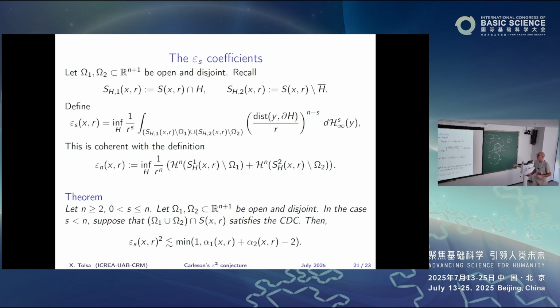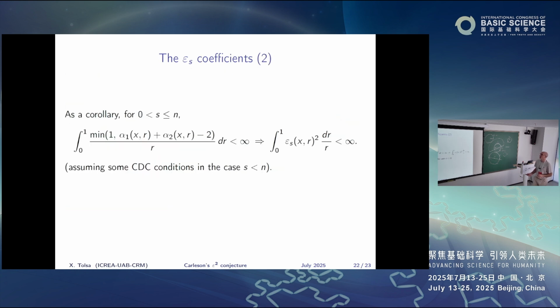And using this result, we get that if this is finite, then this is finite. In particular, if this is finite, this is also finite in the case s equal n. But remember that we said that this implied rectifiability. So the finiteness of this quantity in higher dimensions implies rectifiability.